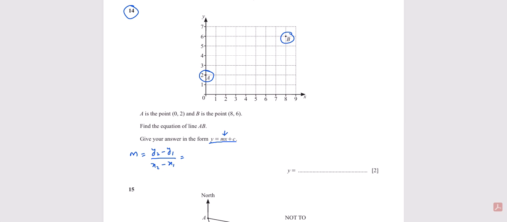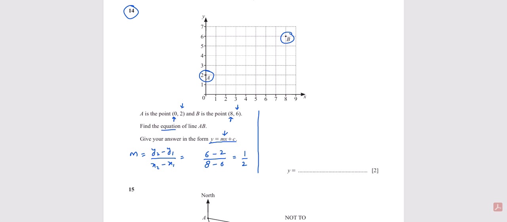This number is y2, which is 6, minus y1, which is 2, and x2 is 8 and x1 is 0. Calculating these values, we get 1 by 2. So m is equal to 1 by 2.